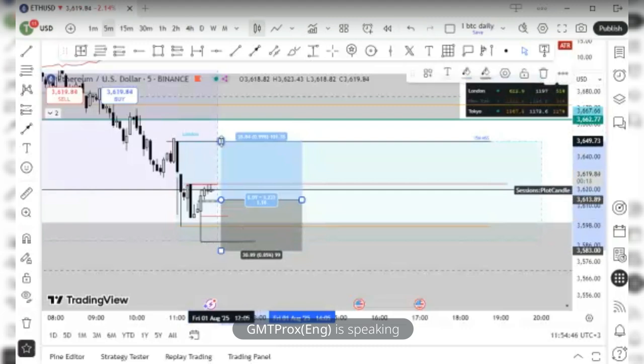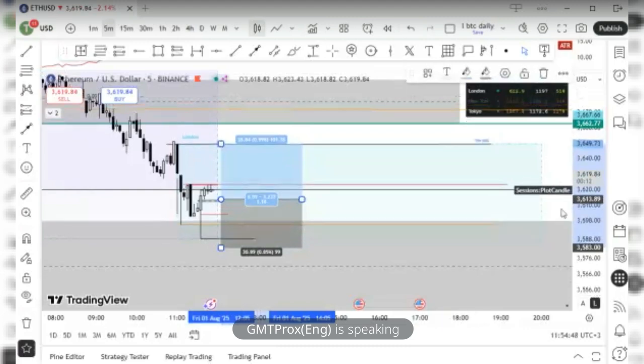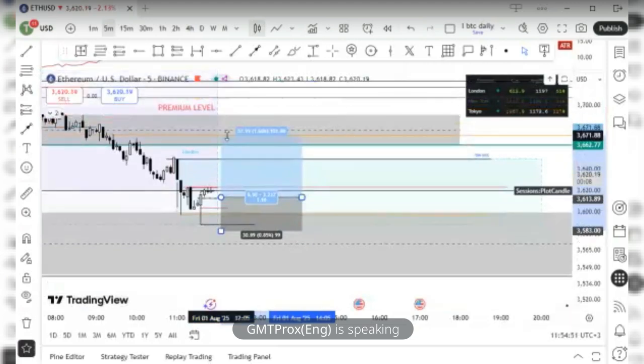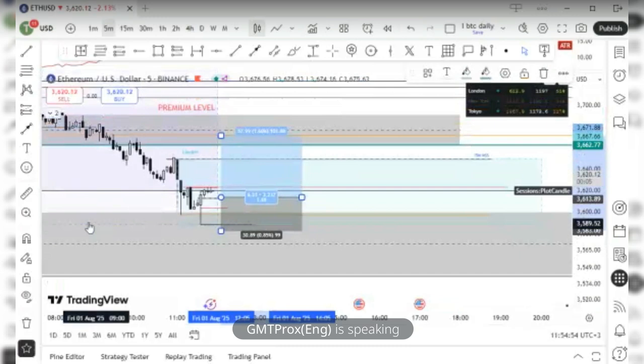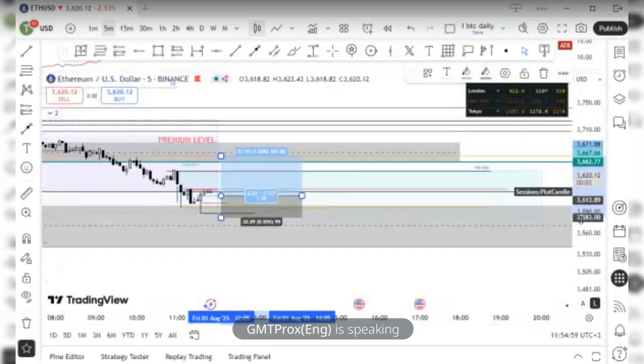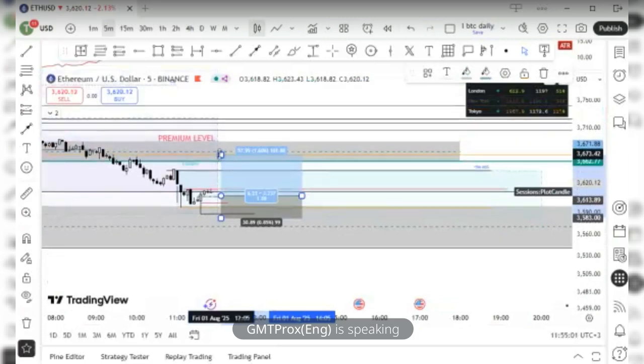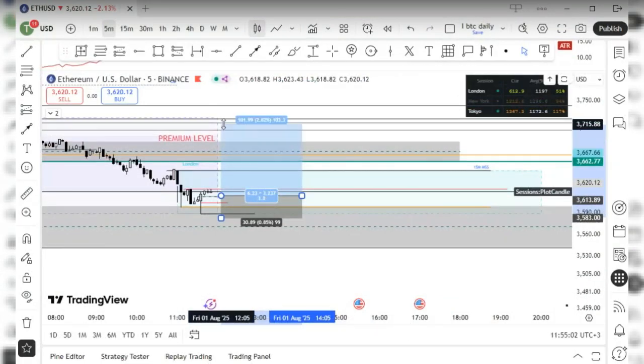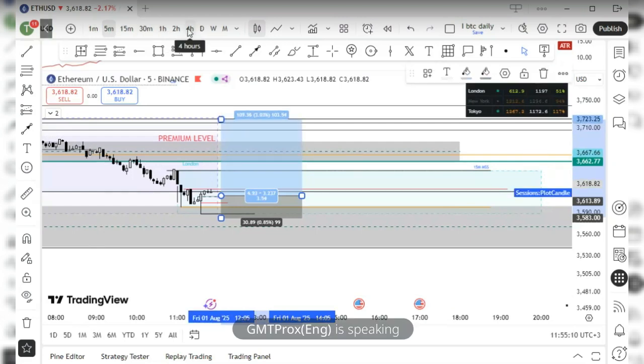This is our TP1, or we focus on the higher time frame.